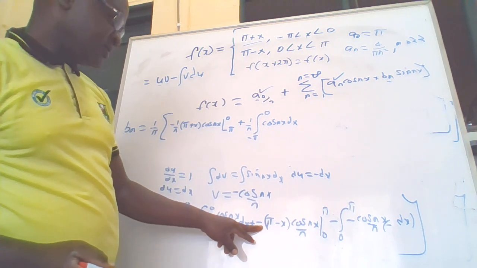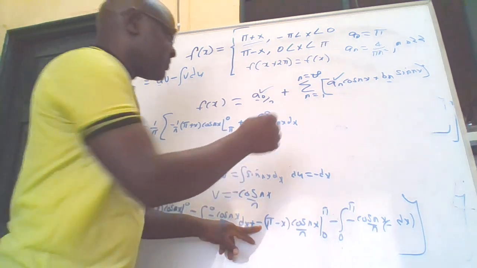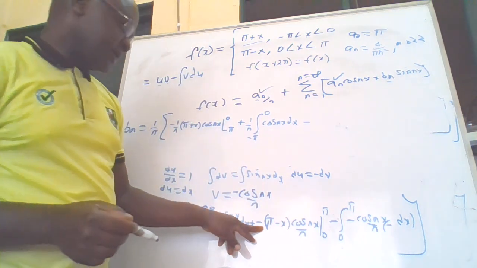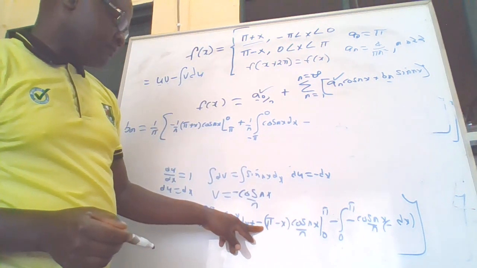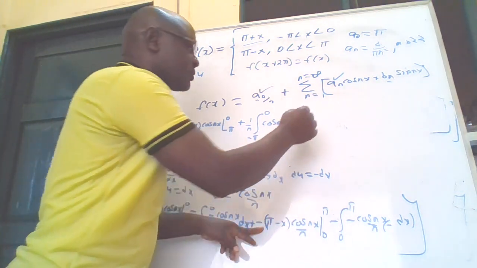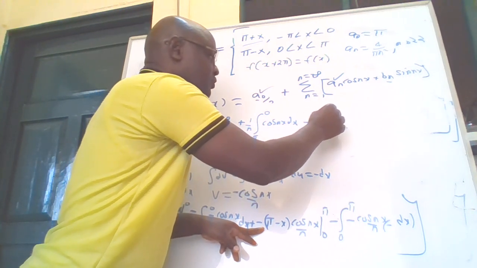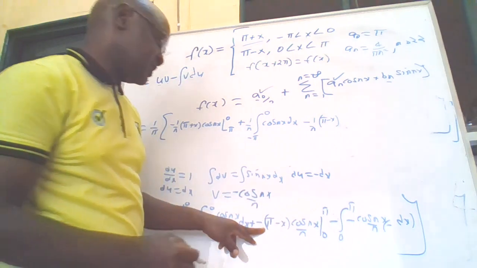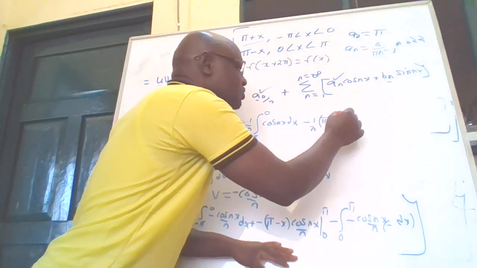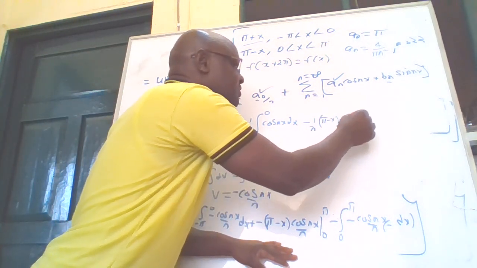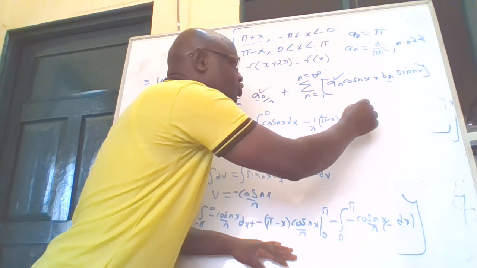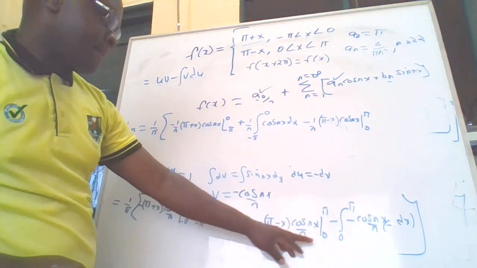Here it will be minus, take out 1 over n, pi minus x, then cos nx from 0 to pi.